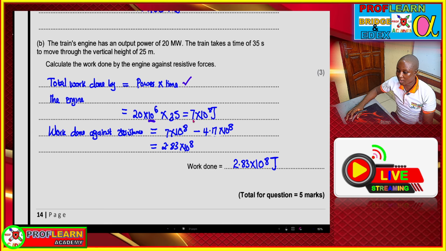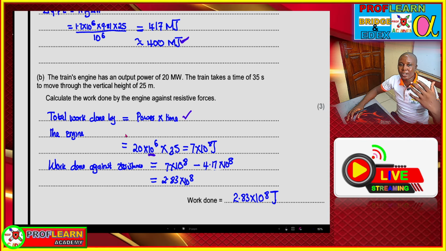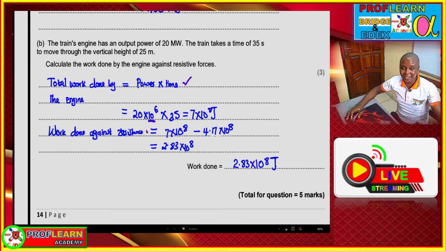And if you work it out, you are going to get an answer equivalent to 7 times 10 raised to power 8 joules. Now, work done against air resistance is equal to the total power supplied, or the total work done, minus the useful work that was done.